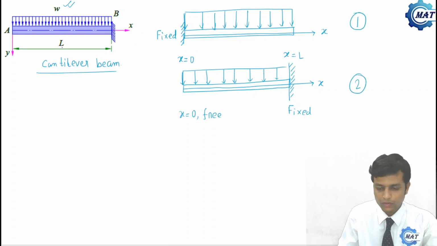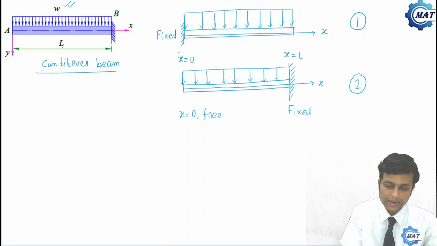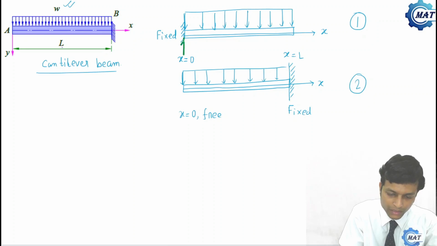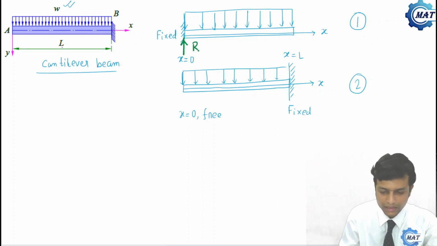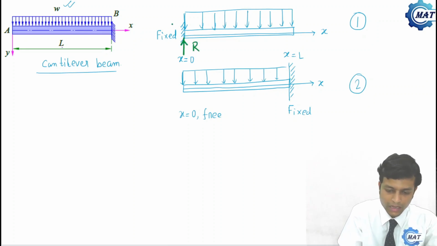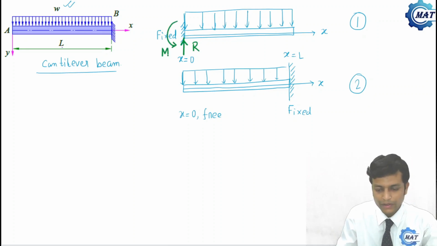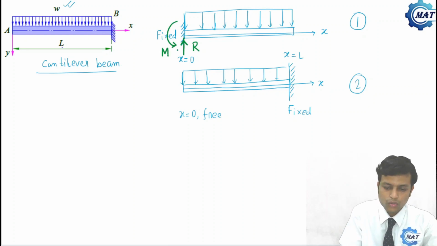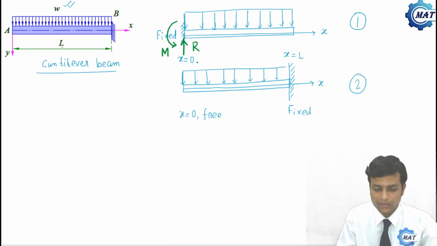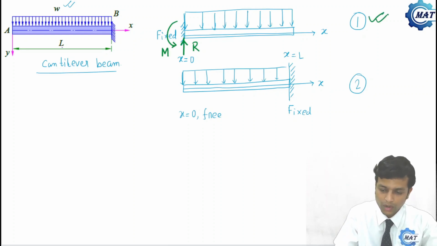If we choose option 1 and start to determine the shear force and bending moment diagram at x equal to 0, there will be support reactions. One is R, the vertical support reaction. Another one is the support bending moment. So two unknowns we have to calculate first if we choose option 1.